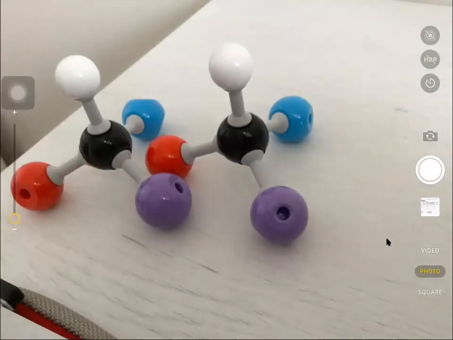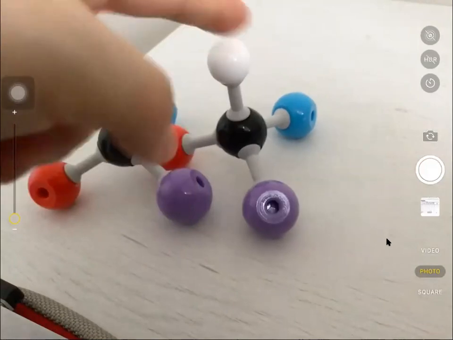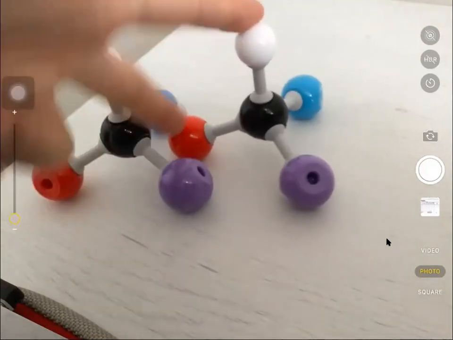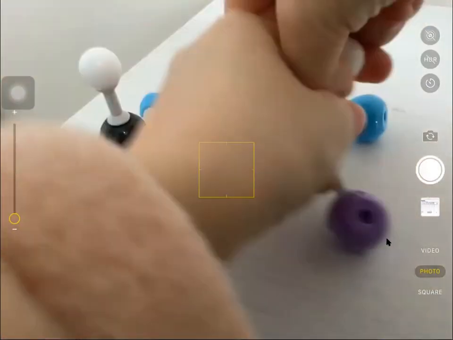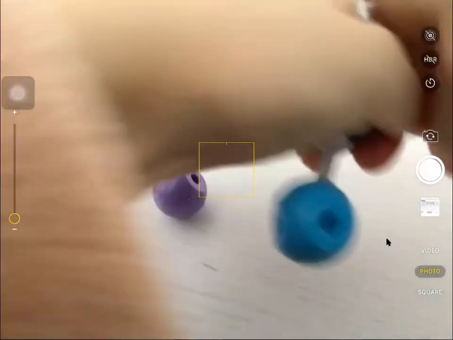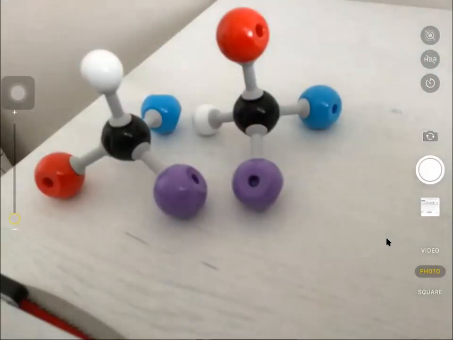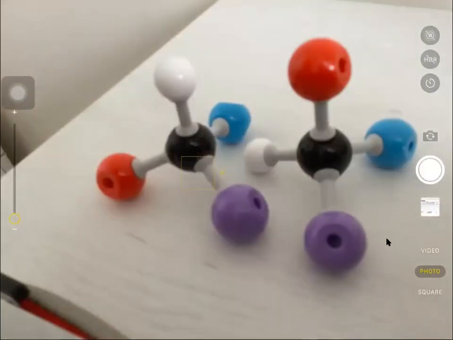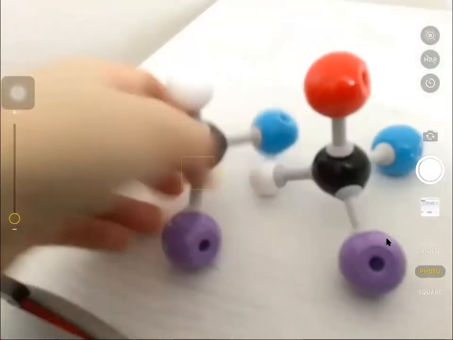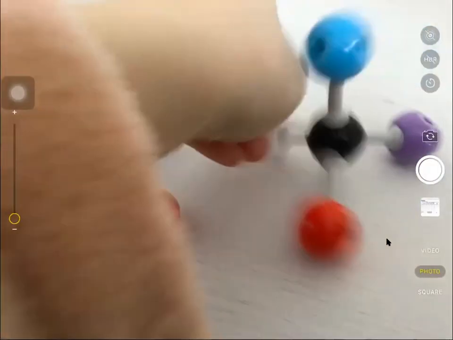So if I take this one and switch any 2 of the balls, for example, here I change the position of the white one with the red one, I get this too. And now they become enantiomers.